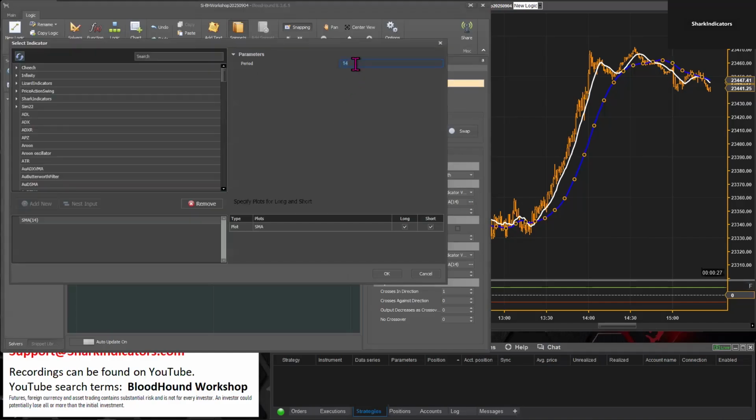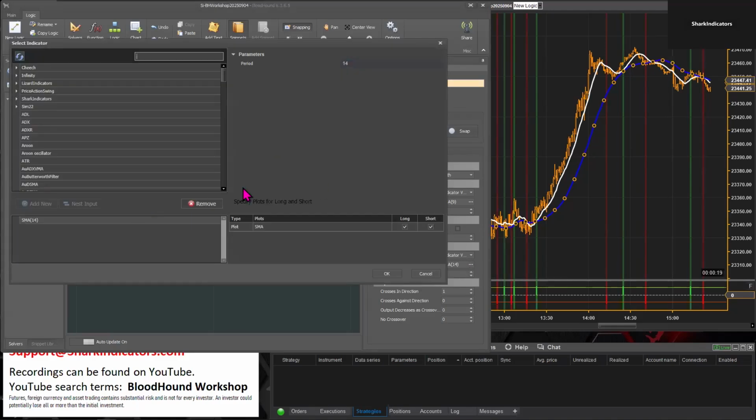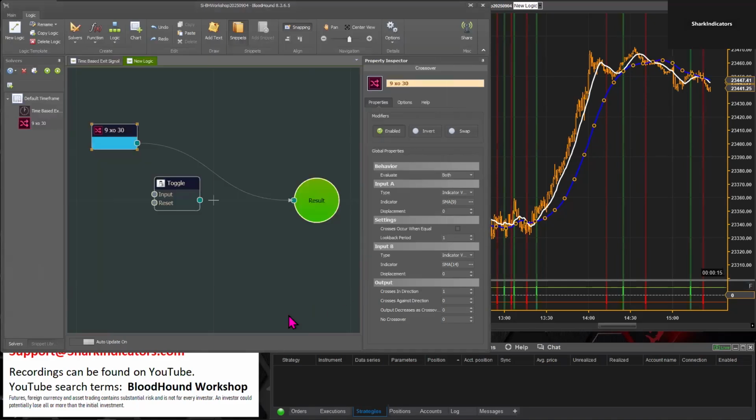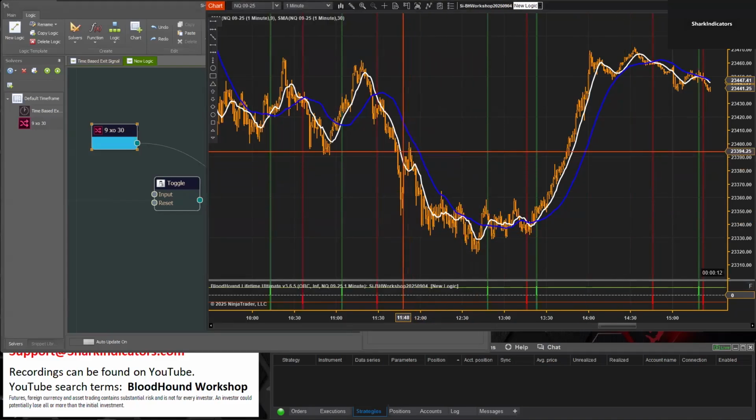Change the SMA to a 9 period, and the other to a 30 period. Now we have signals when these two moving averages cross over each other.